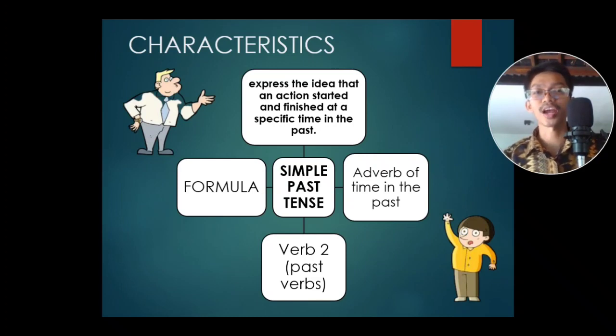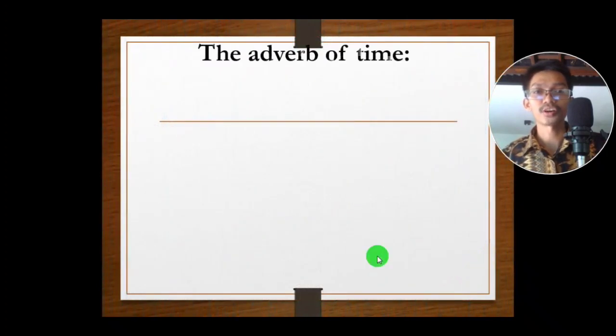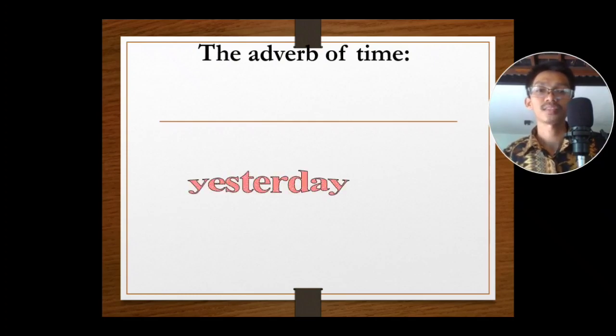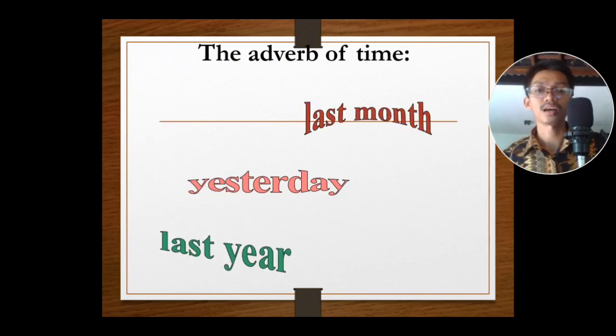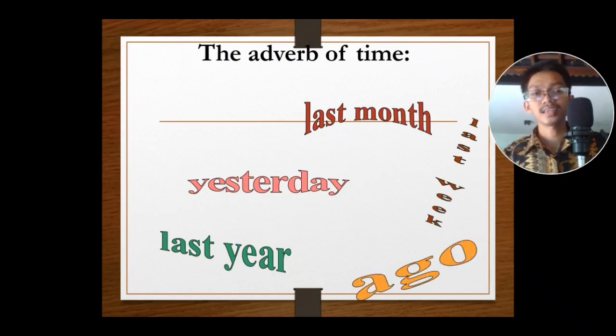So those are the characteristics of simple past tense. I'll explain about them later. Now we go to the first one, the adverbs of time that we usually use when talking using simple past tense. We usually use yesterday, last month, last year, last week, and ago.